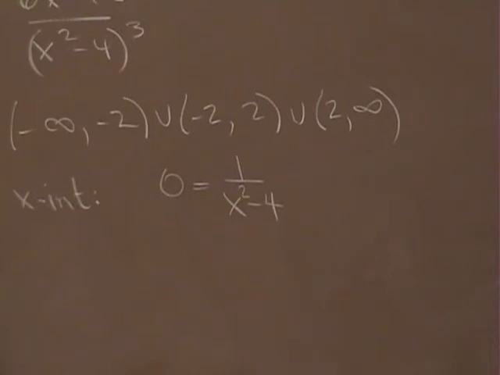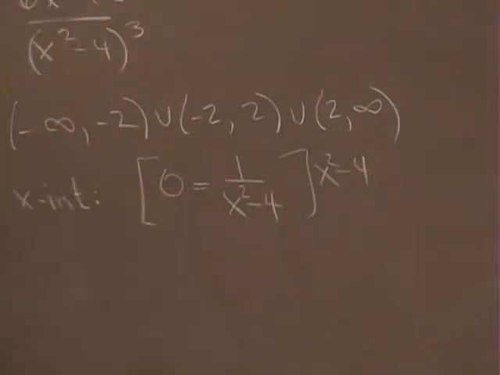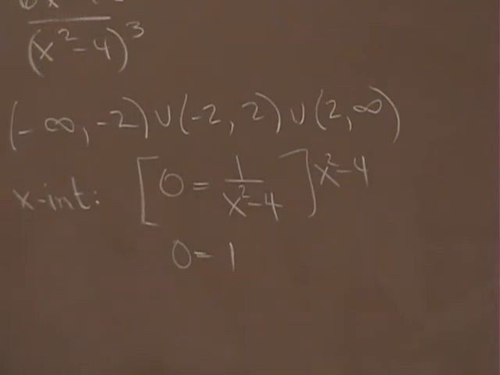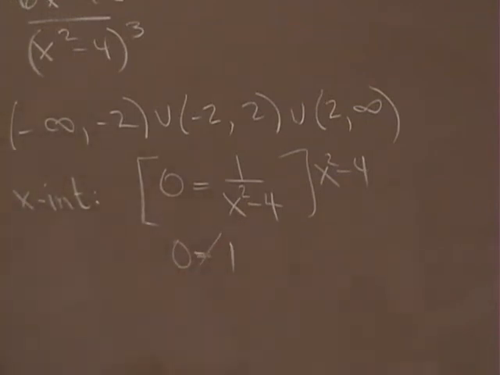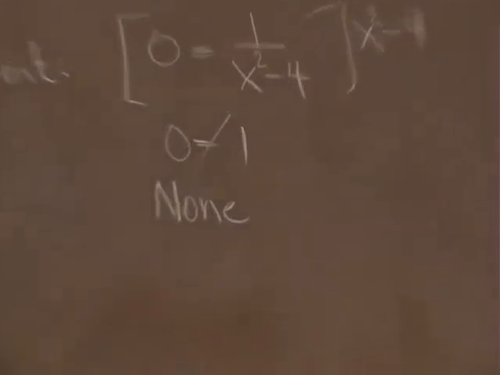If you multiply both sides by x squared minus 4 so you don't have a denominator to worry about, you end up with 0 equals 1. Is that possible? That means 0 can't ever equal 1. So what does that mean in terms of x-intercepts? There are none. Right. I have no x-intercepts.